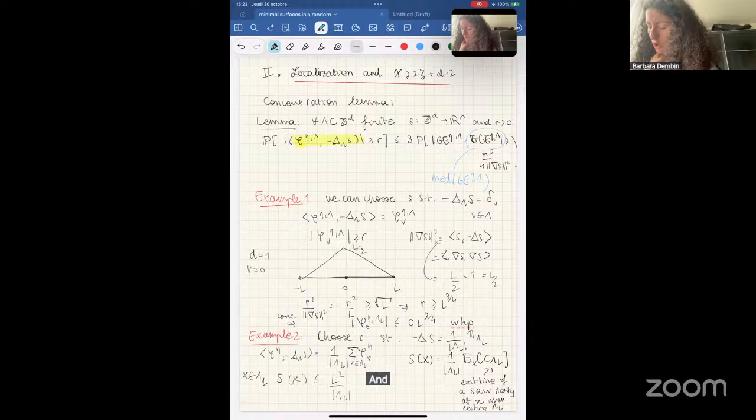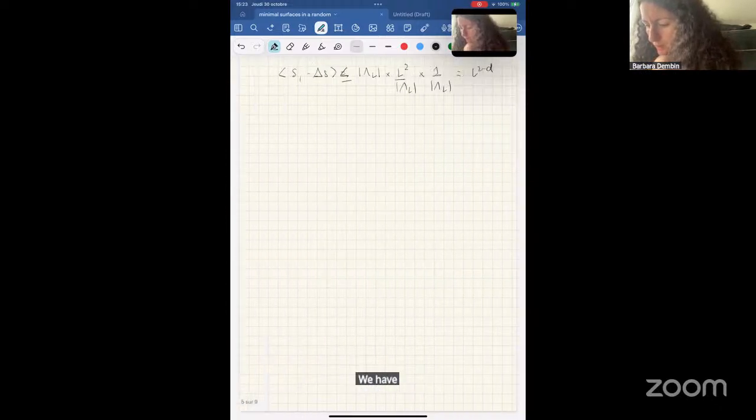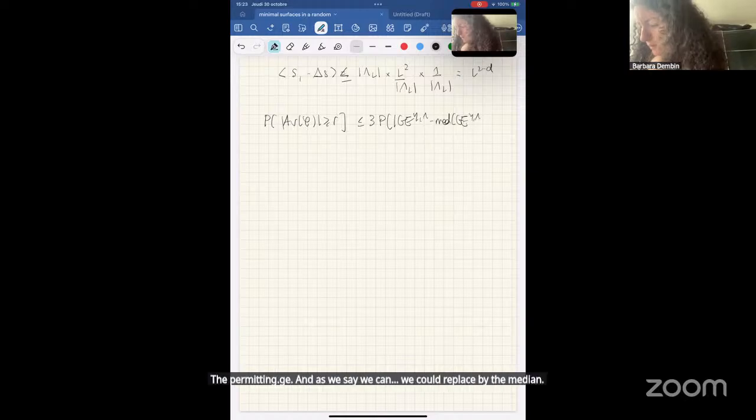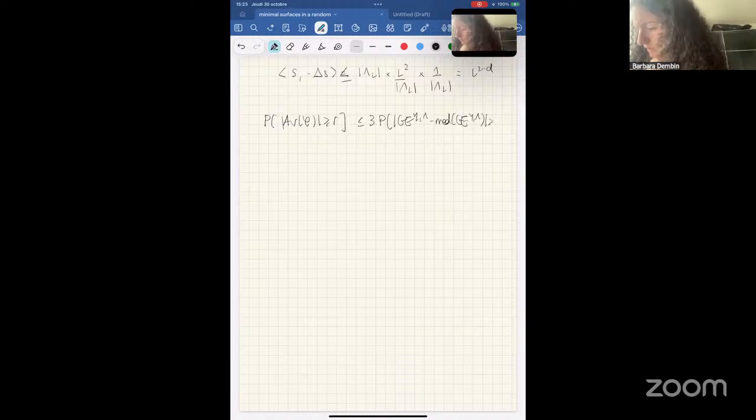And now, when we replace, we have the probability that the average of phi is larger than R is smaller than 3 times the probability that G_eta minus, we could replace by the median, is larger than R squared L^(d-2).